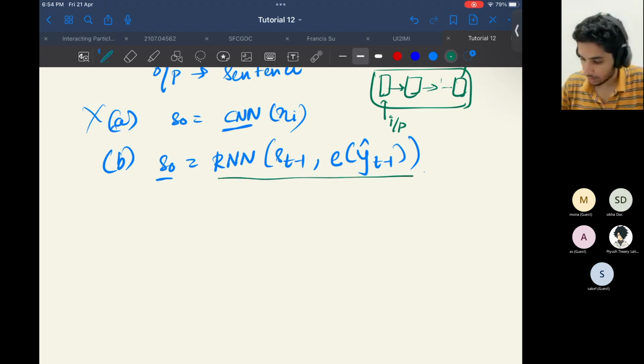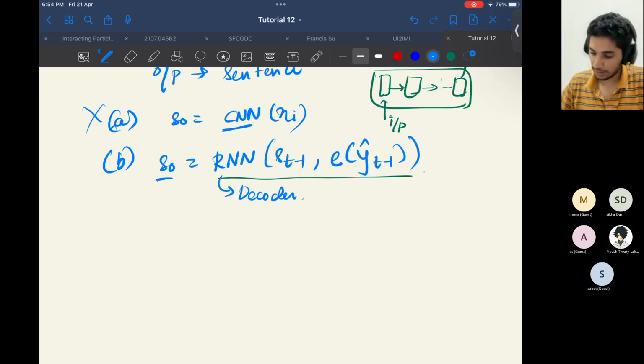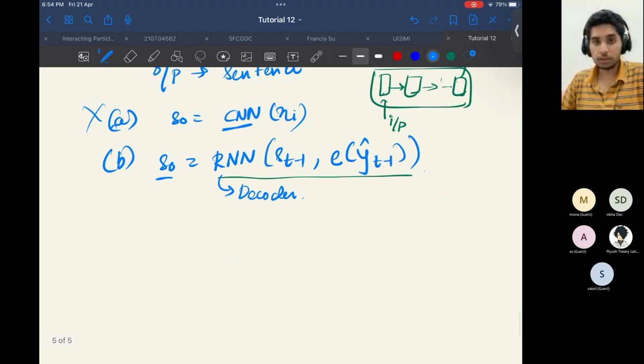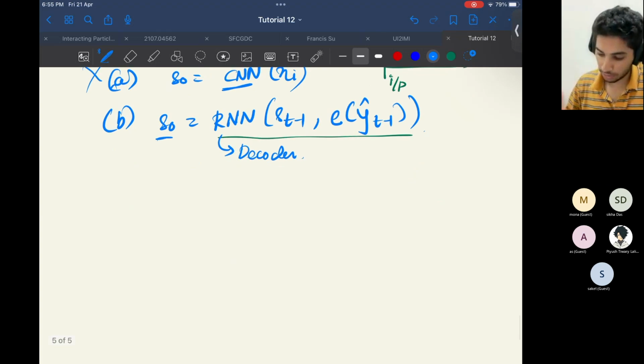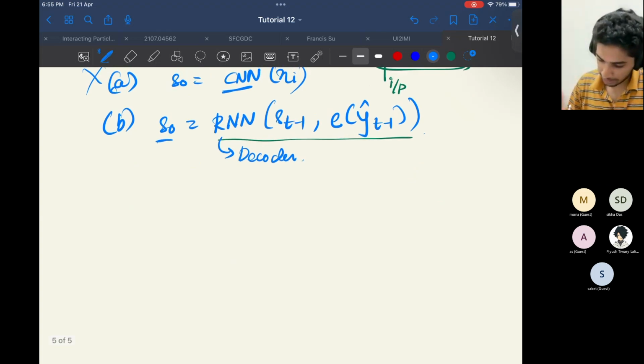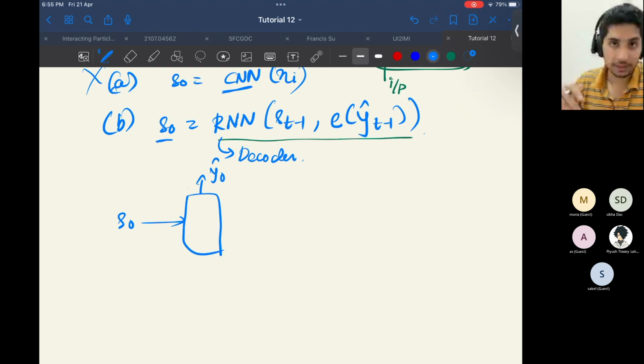So this is actually the equation for the decoder side, not the equation that is used for the encoder side. On the decoder side, let's say you have this model which gets S naught as input, and it will give some y naught hat as output.